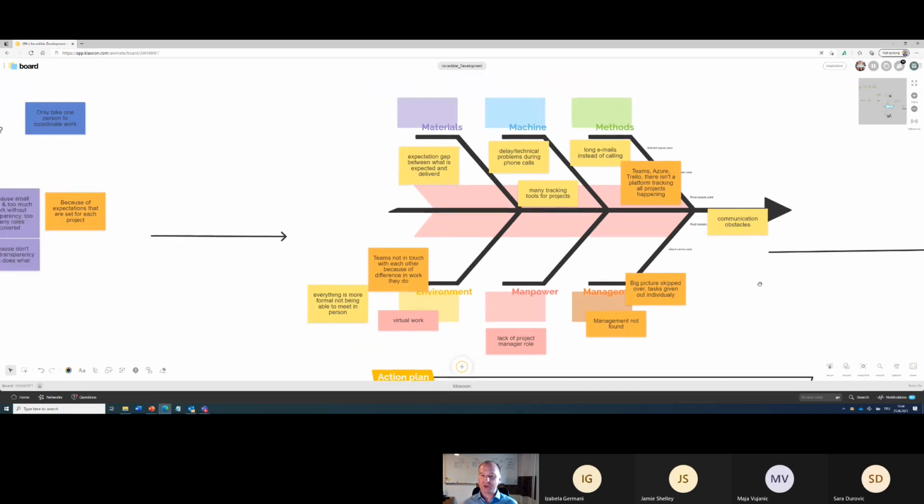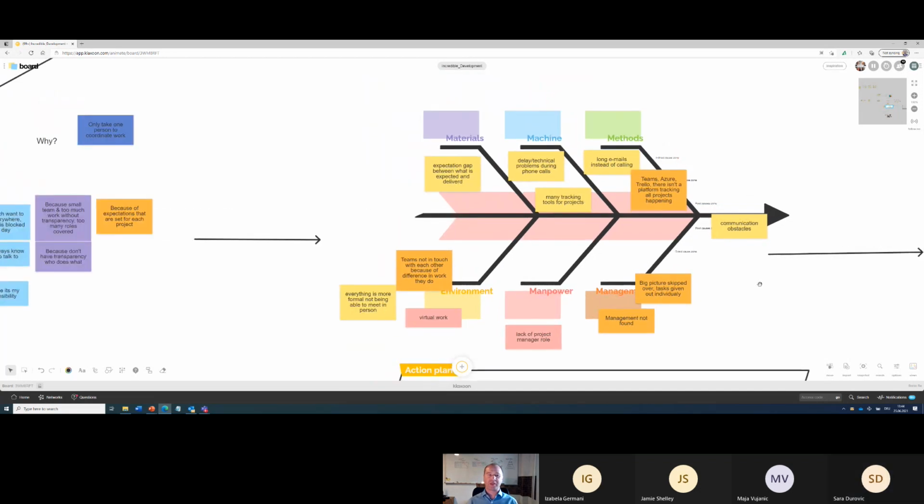Reactions to that, feedback, what do you think? You've used the fishbone diagram a couple of times now. Yeah, feedback, reactions, making sense. Are these bones always the same, or do they change depending on what's talked about?